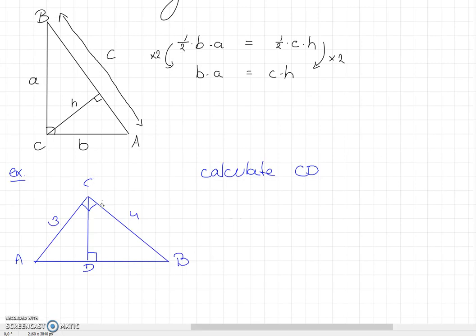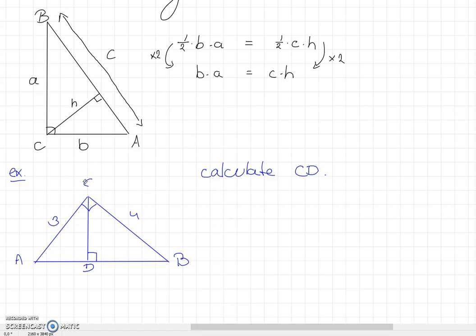Let's look at an example. Triangle ABC is right angled, and AC is 3 and BC is 4. And we would like to know the altitude belonging to AB, which is CD. Now, we look at the method described over here, and the method says that the edges adjacent to the right angle multiplied together should be the hypotenuse multiplied with its altitude.